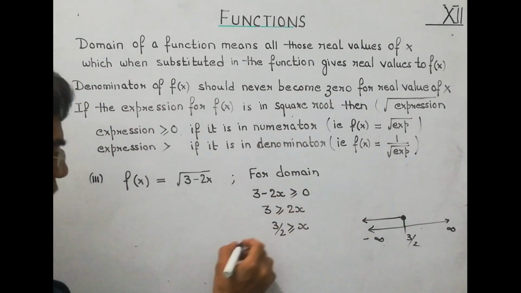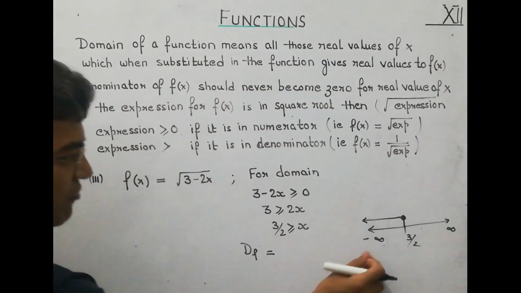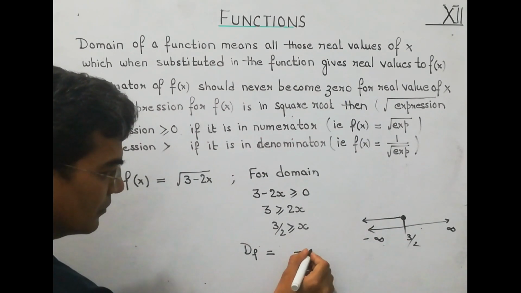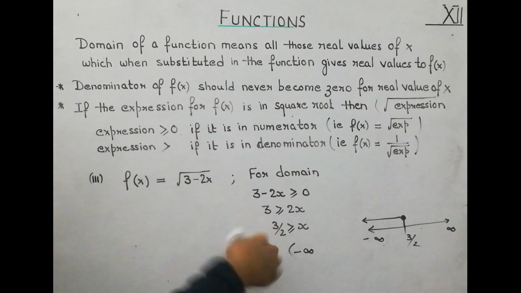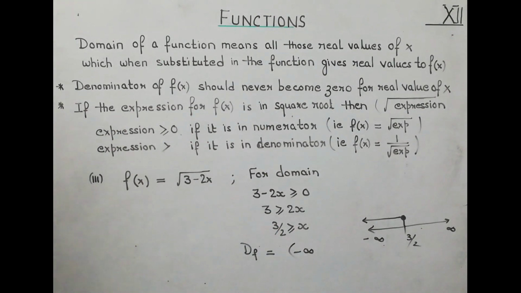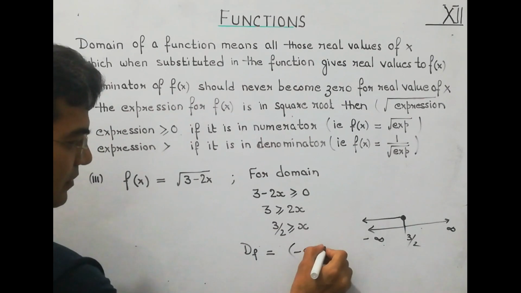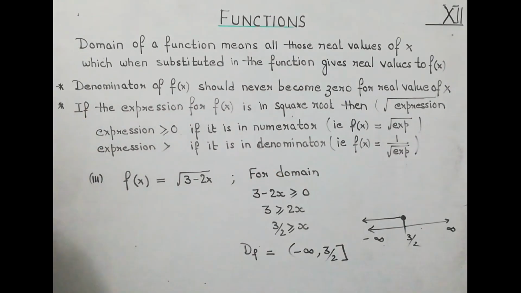So what will be the domain? The domain of the function will be from minus infinity up to 3 by 2. And remember, infinity is never included, so you are going to put the round bracket. Now here 3 by 2 is included, so it will be kept with a closed bracket like this.